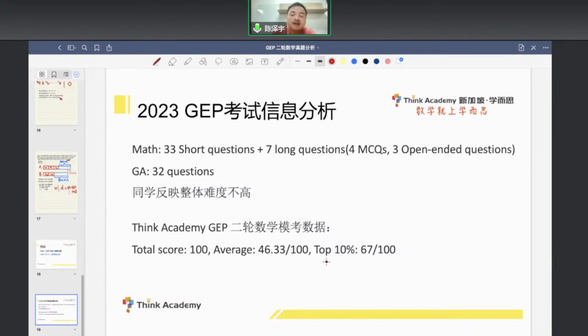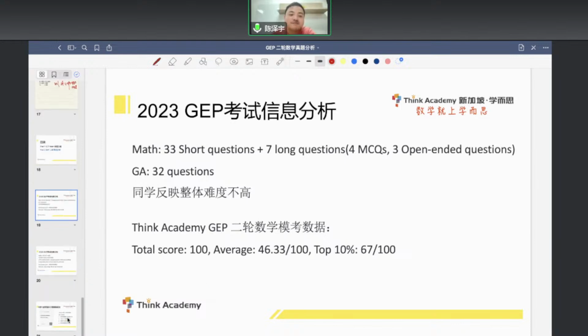As you can see, if the average is low, the top 10% is very high. So for this year, if the difficulty level is not high, the average can be very high. Therefore, the top 10% will really go for high marks, high 80s, high 90s.